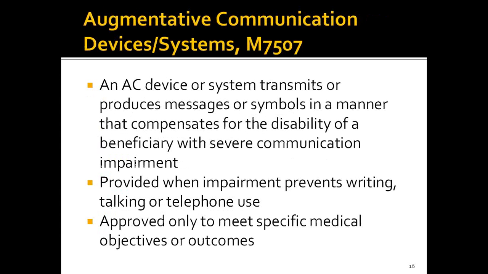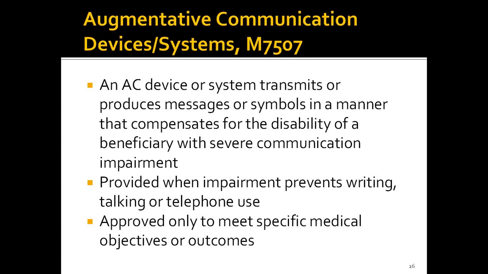Here's a big one, I think, for children, which is the Augmentative Communication Devices and Systems. And this is very broadly defined. So an augmentative communication device or system transmits or produces messages or symbols in a manner that compensates for the disability of a beneficiary with a severe communication impairment.